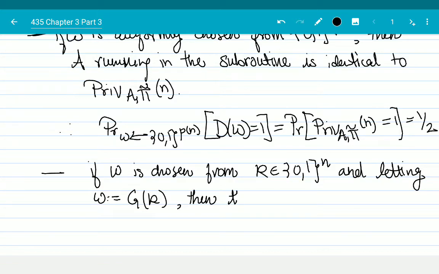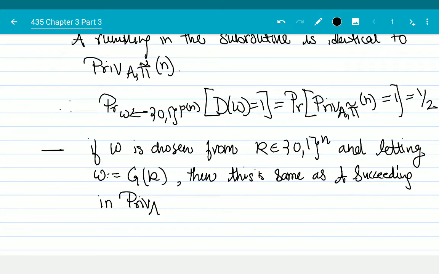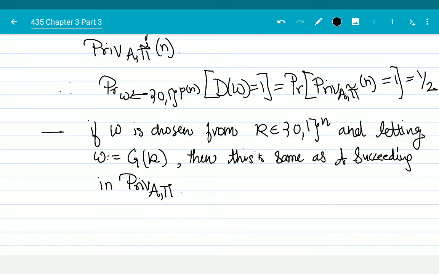Then this is the same as running a pi, succeeding in the experiment on a pi. Okay.